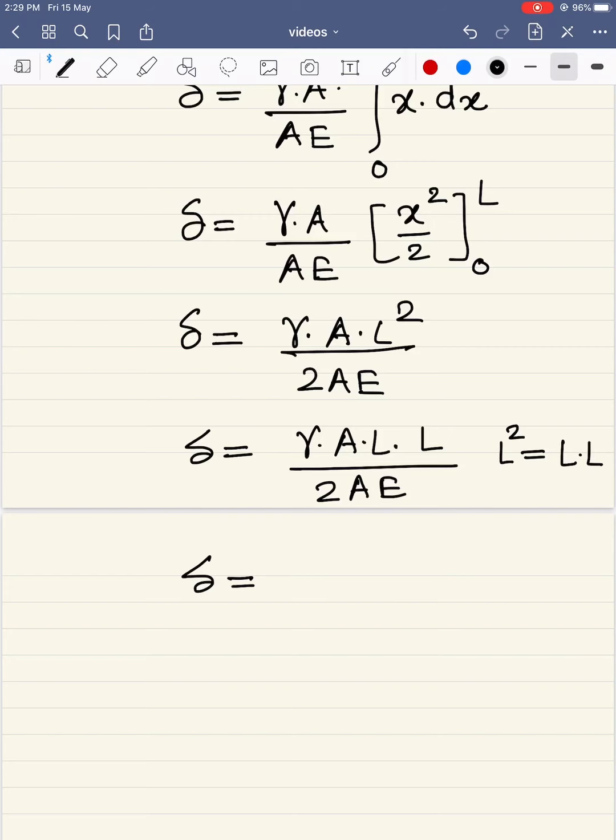So I'll replace this A into L by V, into L divided by 2AE.